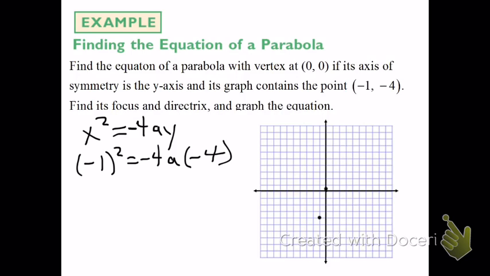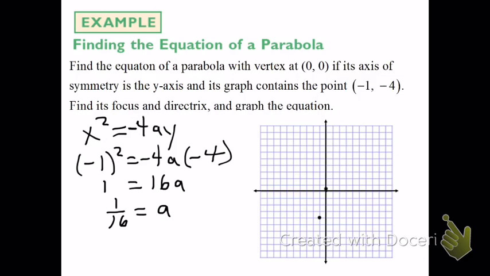Then we're going to go ahead and solve this. So we have -1 squared, which is a +1, and -4 times -4 is a +16 times a. So a is going to be equal to 1 over 16 here. Very small a.